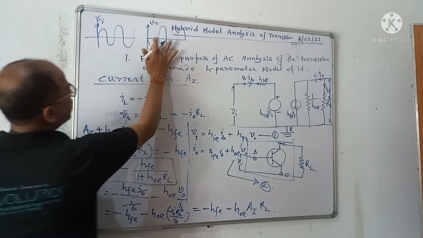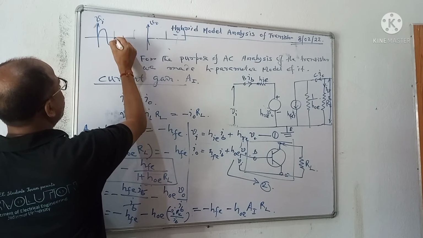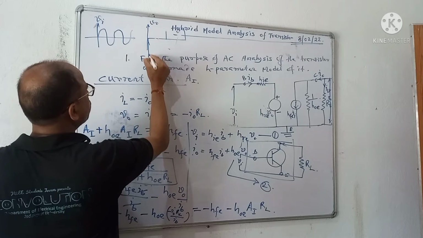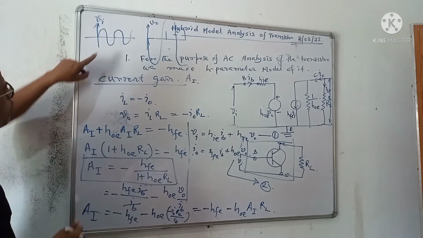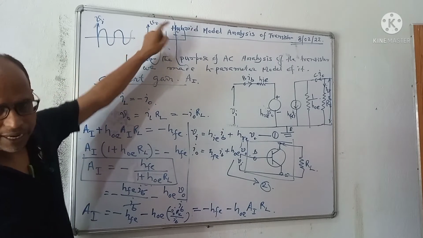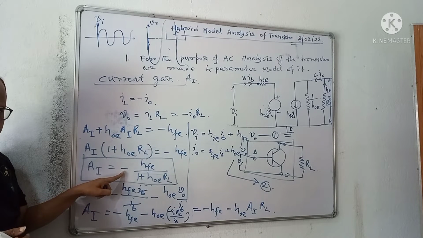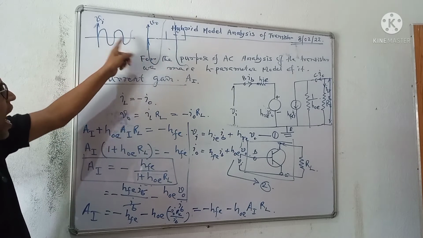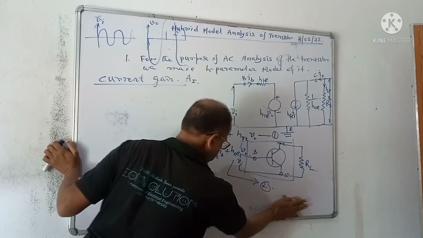The input is a very small signal, but the output will be large, with a 180-degree phase change. When it is positive, it is negative. When it is negative, it is positive. That's why the minus sign comes: output and input are 180 degrees out of phase.